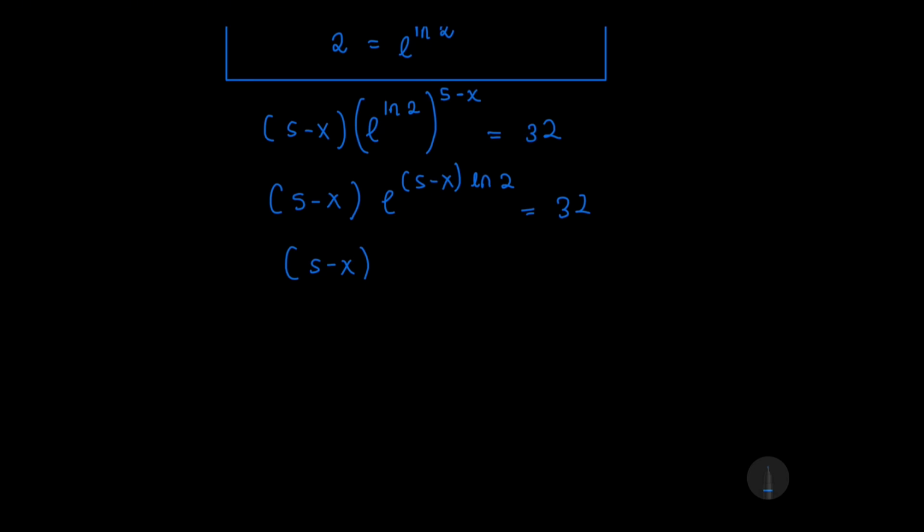And then because we have the power which is 5 minus x multiplied by ln 2, which is not the same as the base 5 minus x, we have to change the base by multiplying by ln 2. What we do on the left hand side, we have to do on the right hand side.